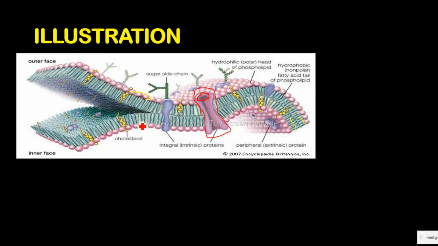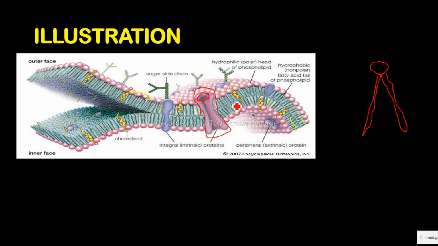Then that is a phospholipid, this one. And if you are to study the structure of a phospholipid, it has a head with two fatty acid chains. Okay? So a normal triglyceride has a glycerol with three fatty acids.